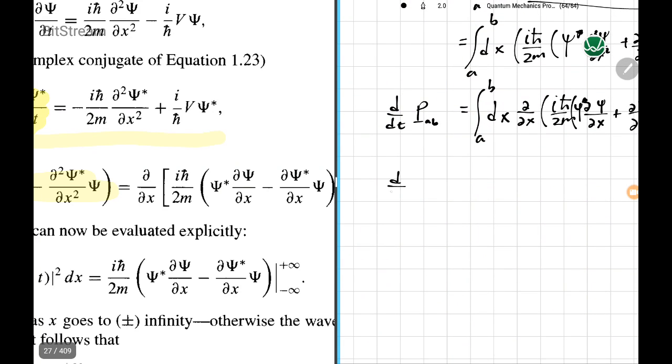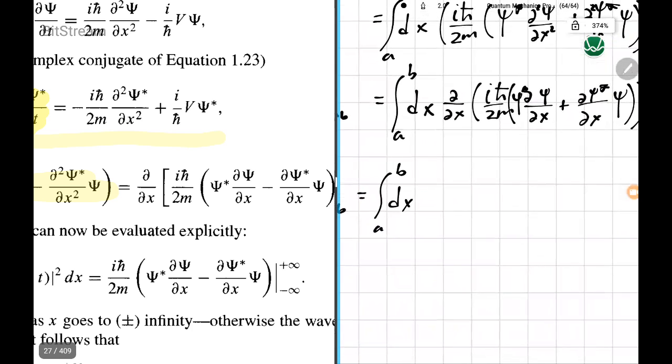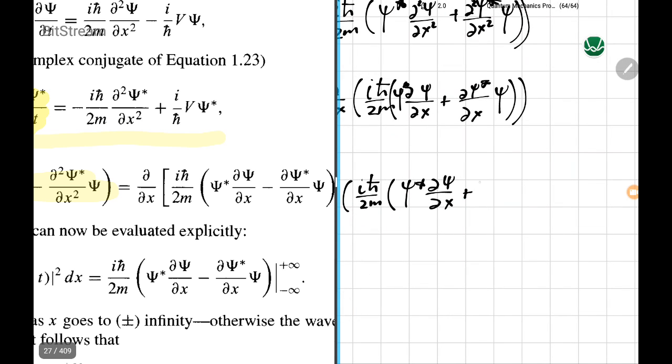So what I have here is that just following my normalization steps, the time derivative of my probability is going to be the integral from a to b of the first derivative of i h bar over 2m, psi complex conjugate d psi dx plus d psi complex conjugate dx psi.